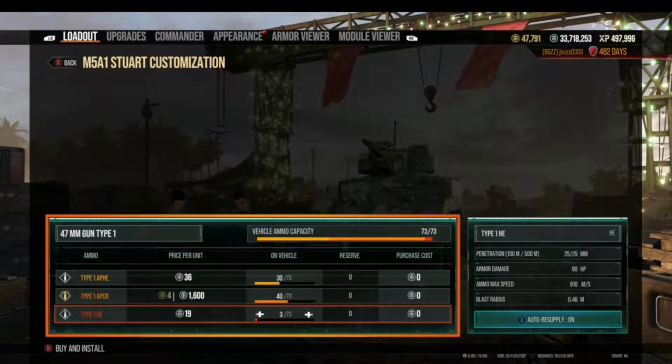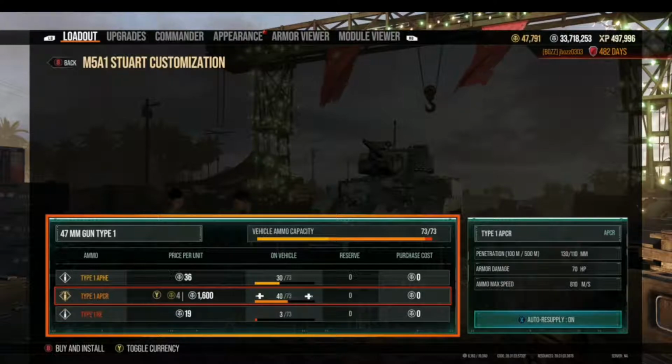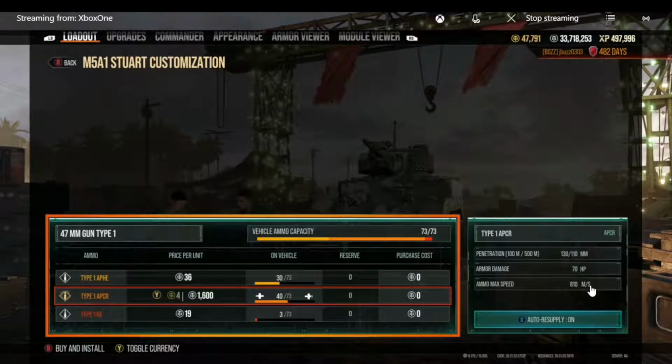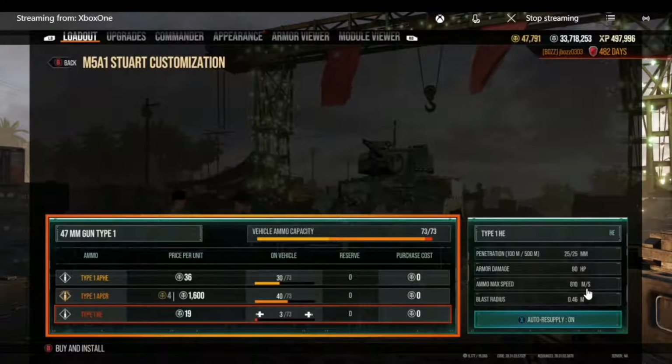These HE rounds do have lower shell velocity, so I'll kind of show you the shell velocity here. In this particular case, this is 810 meters per second for that round. The APCR is a standard 810 meters per second there, and then these are also 810.